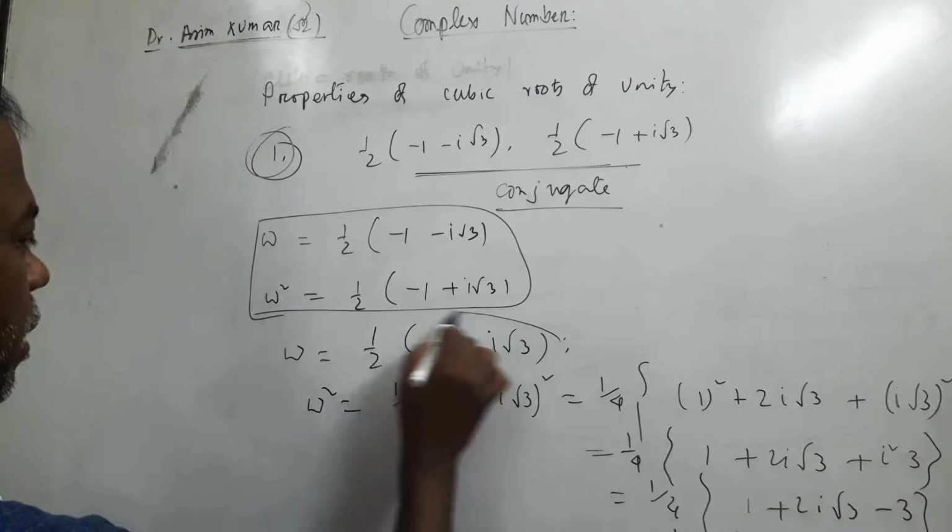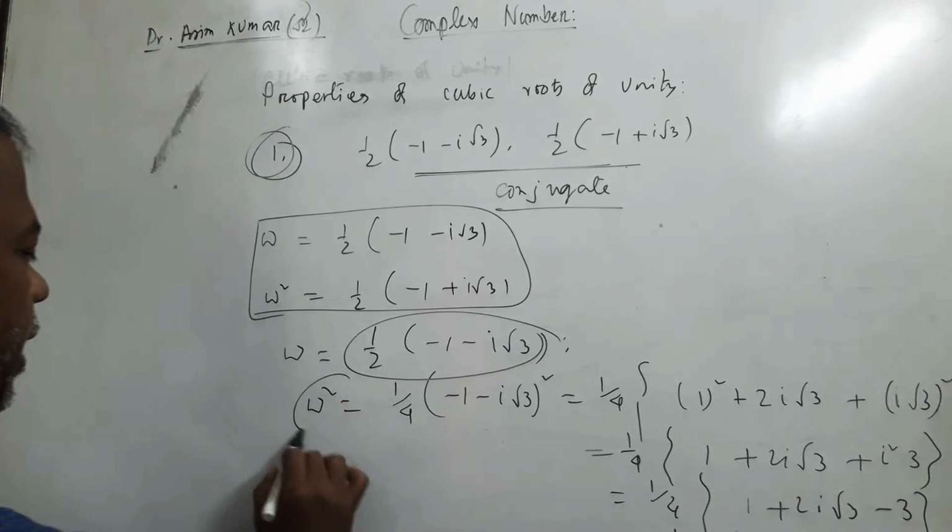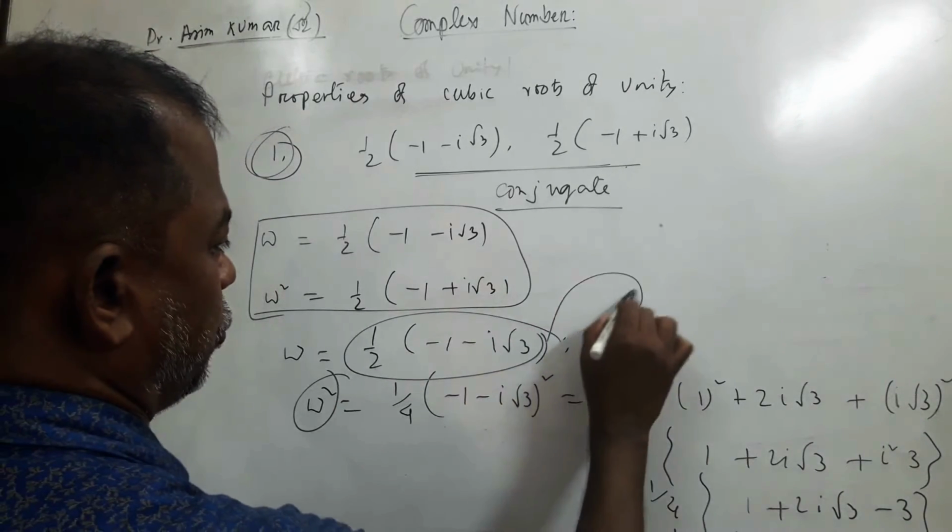Omega is one root and omega square is the other root.